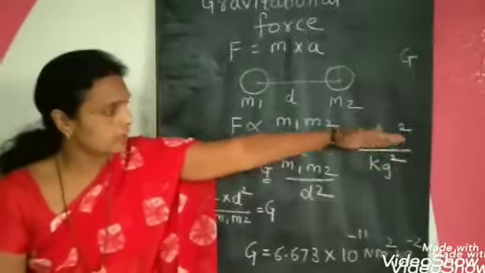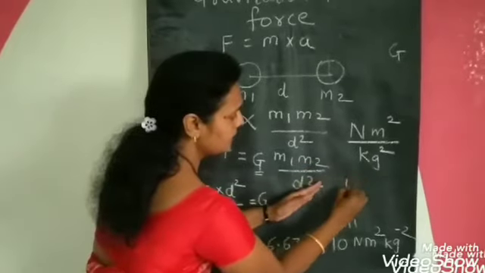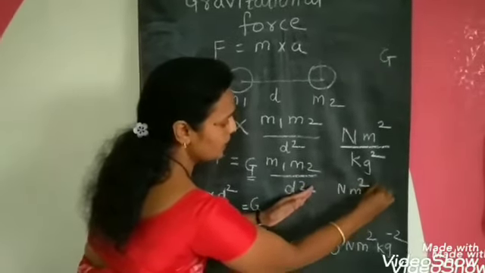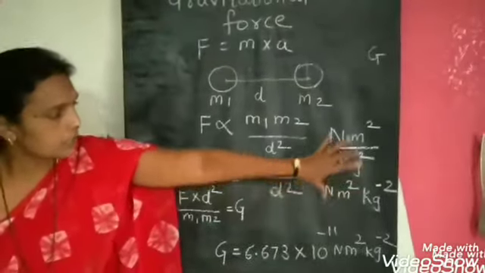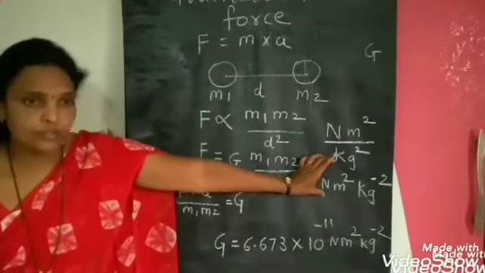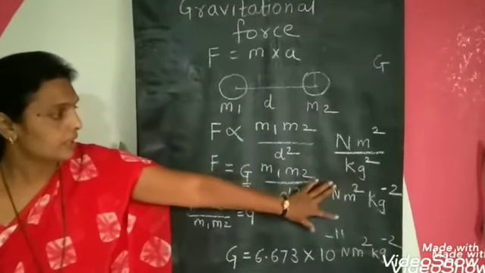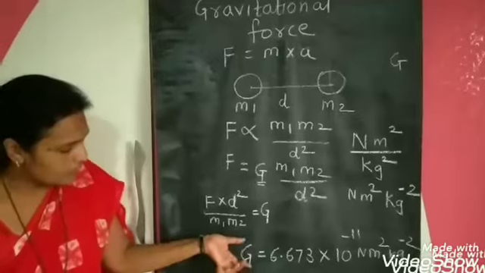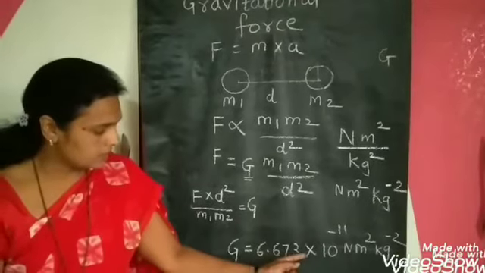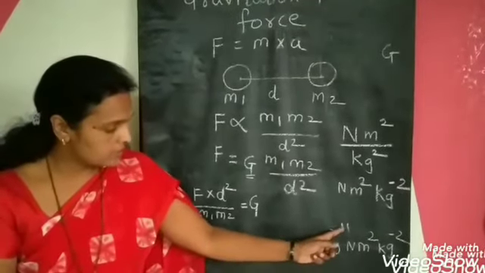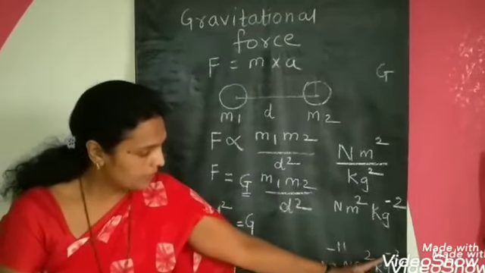If we take it on the numerator, means upper side, then how will we write it? Newton meter square kg to the power minus 2. This is the SI unit of gravitation or G. Now here the value of G is constant: 6.673 into 10 raised to minus 11 Newton meter square kg to the power minus 2.